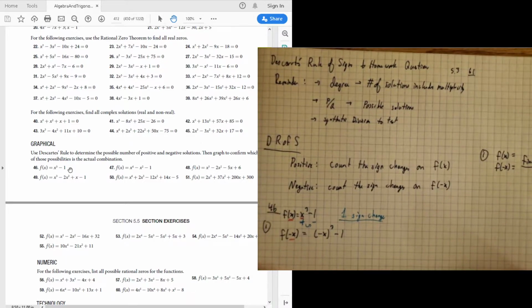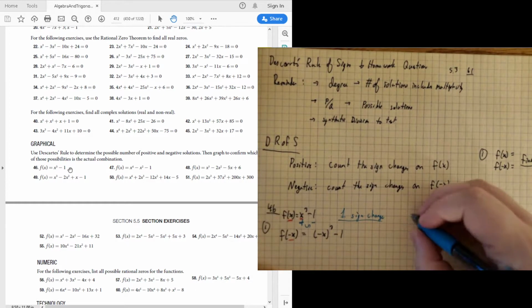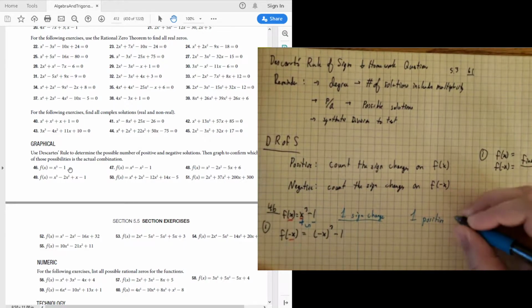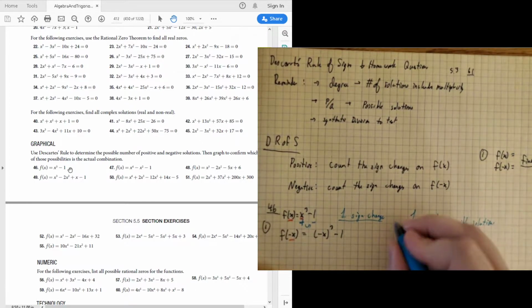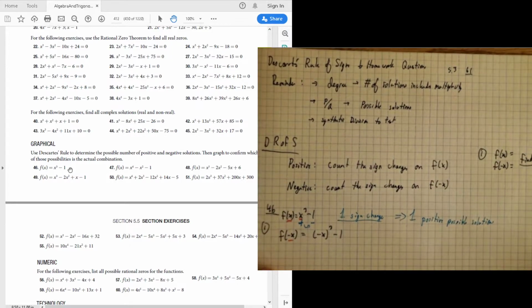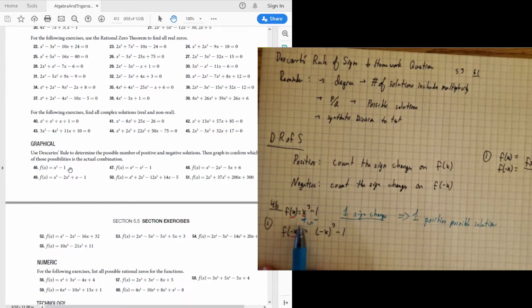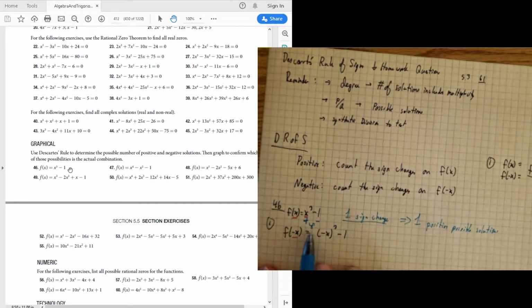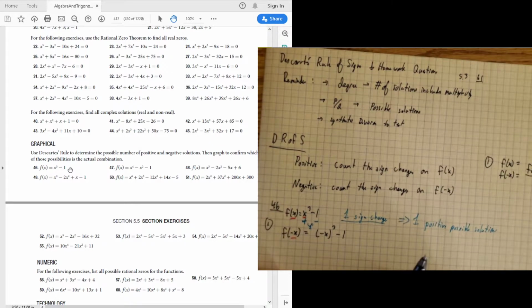According to Descartes' rule of signs, however many sign changes there are, that's how many positive solutions there are. You just count the sign changes. It changes from positive to negative. There is one change. Since there's one sign change, that indicates there should be one possible positive solution.